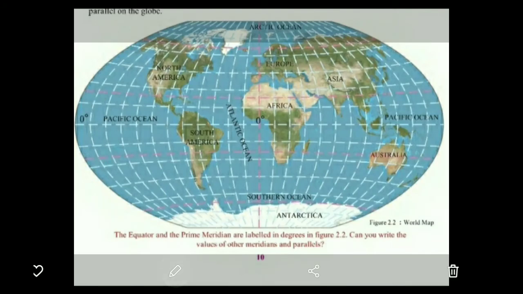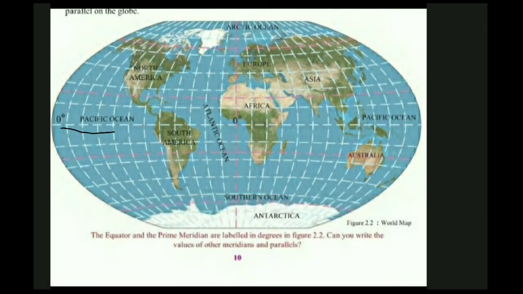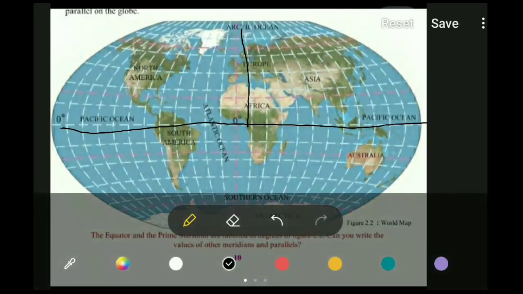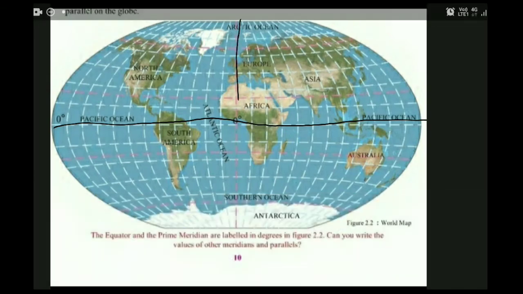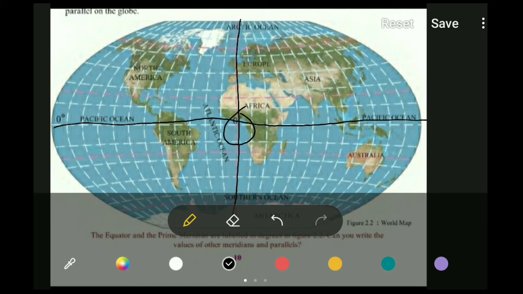This is your equator, and this is your prime meridian. You have to encircle this place which shows the intersection. Can you see? This is in the ocean, in the Atlantic Ocean near the African continent. So you have to find the place where the equator and the prime meridian, or 0-degree parallel and 0-degree meridian, meet.